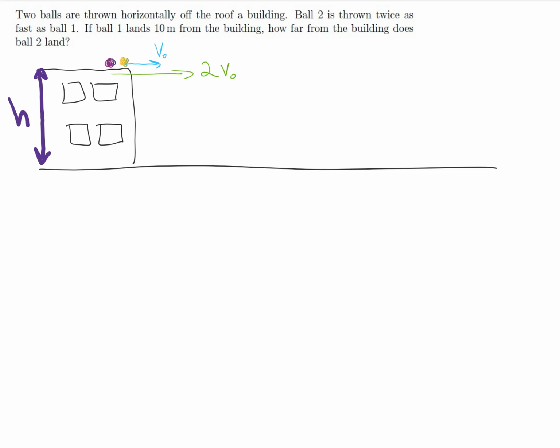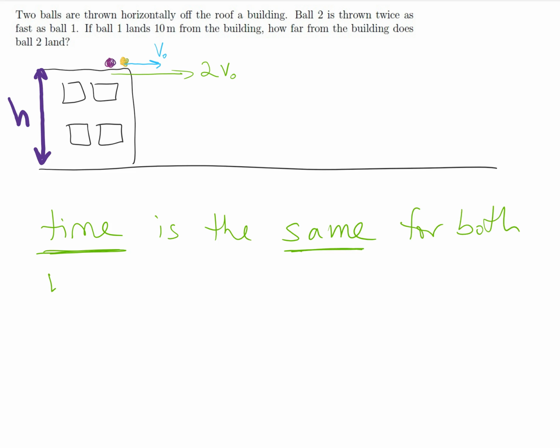So the key here, what makes this a conceptual question, is time. Both balls take the same amount of time to hit the ground. You might remember this from the demonstration that we did in class a few days ago, where we had a ball that was just dropped and a ball that was thrown.